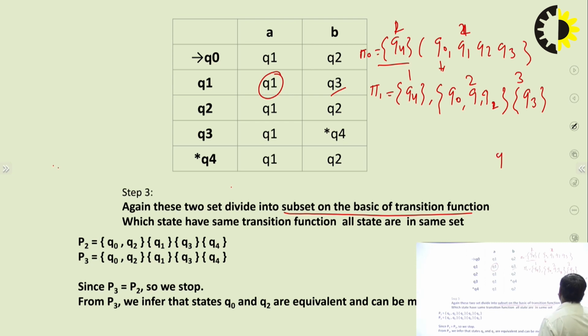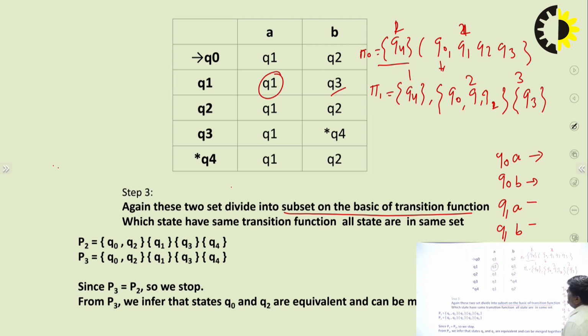Q0 on A and Q0 on B, we check the transition function of Q0, of Q1, and of Q2. If these three states have the same transition function, they lie in the same set, and Q3 is already minimized, a single set that is not minimized further.